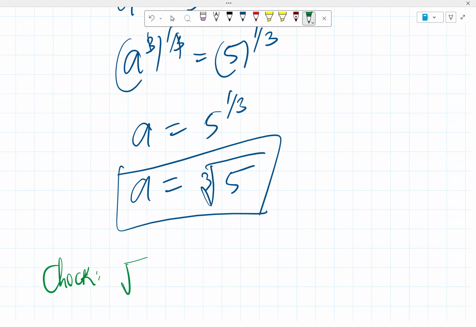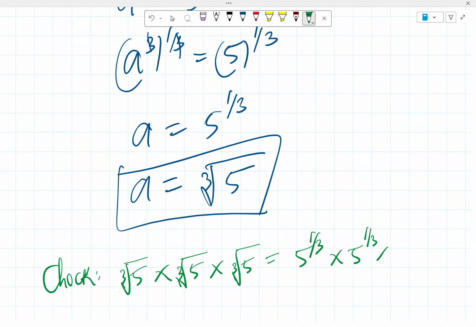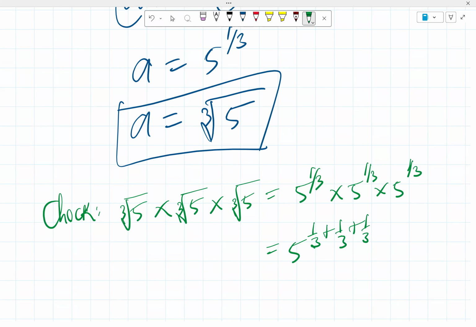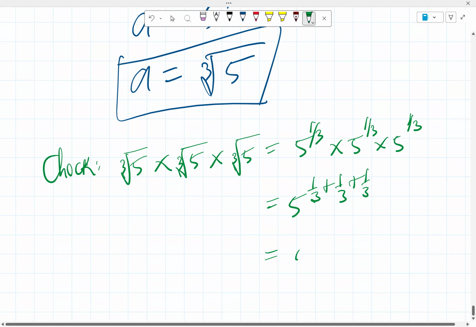If you want to check that, since A is the cube root of 5 now, it means we have cube root of 5 multiplied by cube root of 5 multiplied by cube root of 5. And that is the same thing as 5 raised to 1 over 3 times 5 raised to 1 over 3 times 5 raised to 1 over 3. From the law of indices, you can add the powers when you're multiplying numbers like this, so you have 5 raised to 1 over 3 plus 1 over 3 plus 1 over 3. So you have 5 raised to 3 over 3.